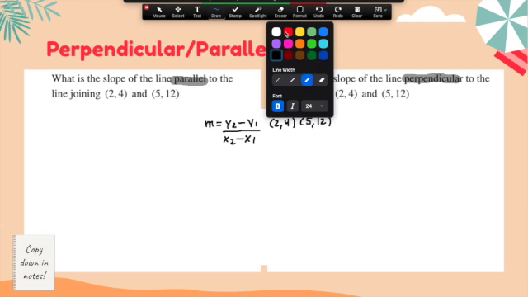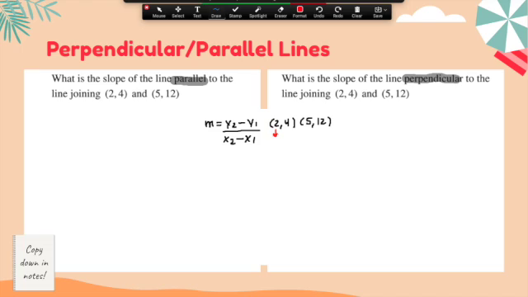If I'm going to label this, I need to choose one of them to be my x1 and y1 value. So I'll choose (2, 4) to be my x1 and y1, which means that (5, 12) are going to be my x2 and y2.